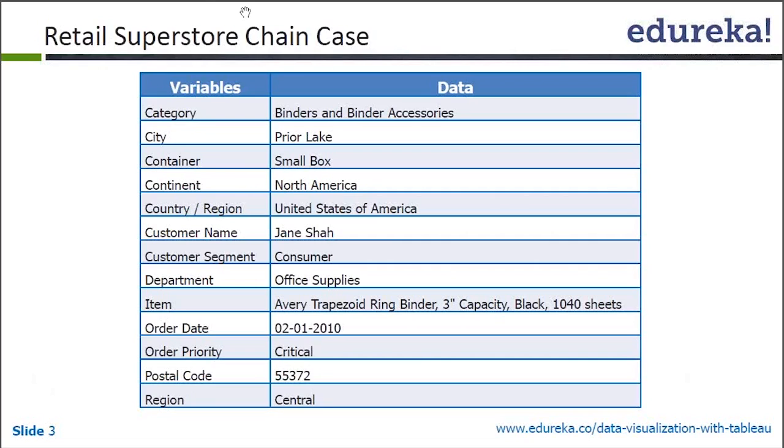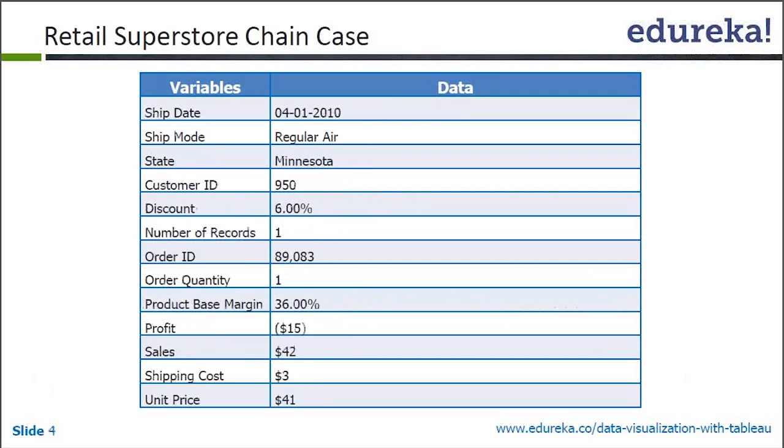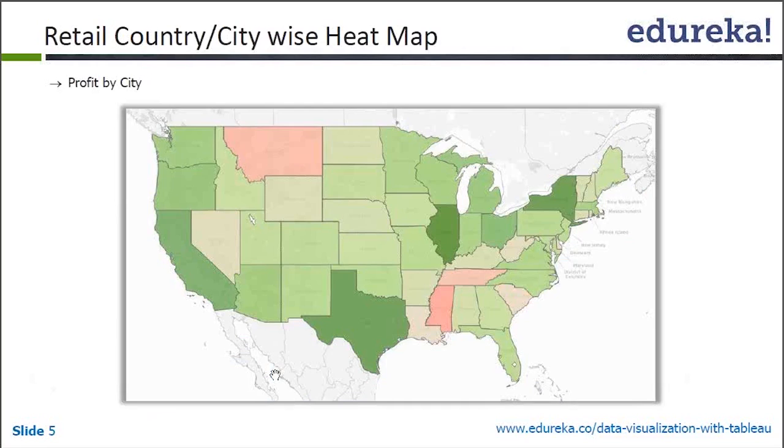Then shipping date, shipping mode, state, customer ID, discount, order ID, order quantity, product base margin, profit. So this is -15, that is a loss of $15. Sales, total sales, shipping cost, and unit price. So these are the variables we have.